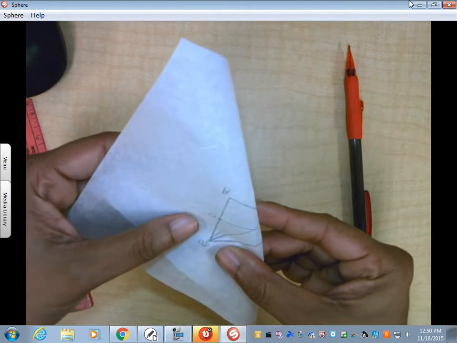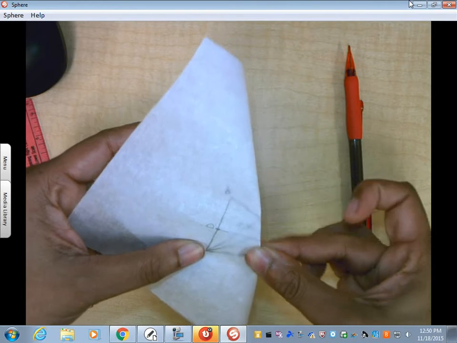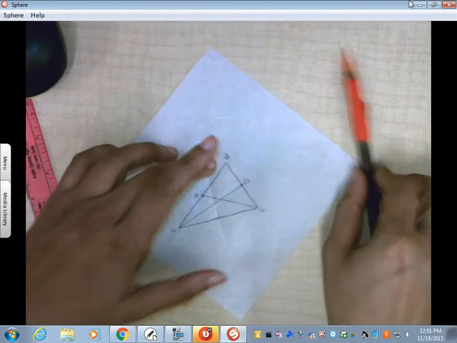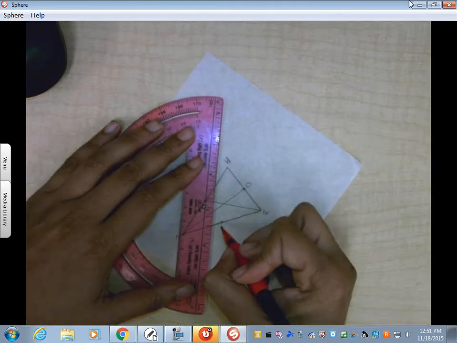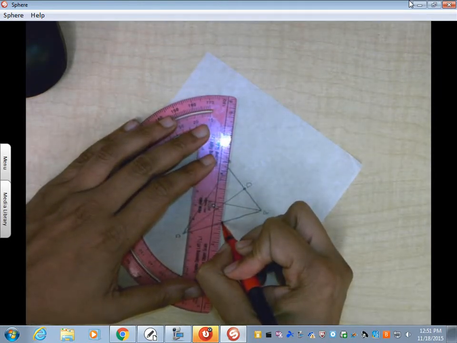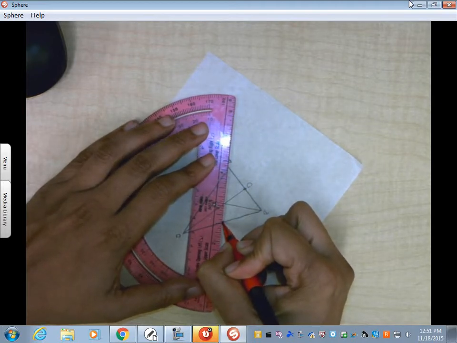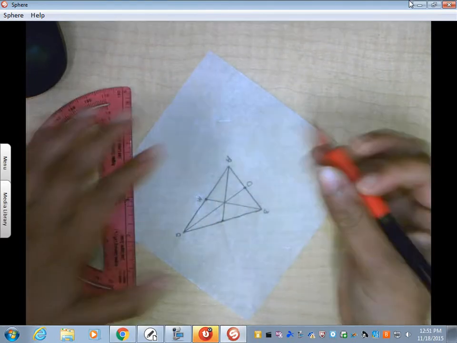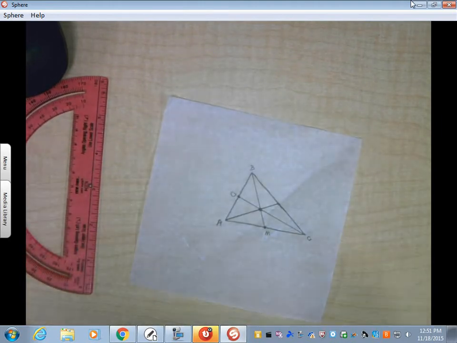B to C, right there. Well, I guess so. All right. And we're going to connect it to the opposite vertex, which is A. And yes, they intersect.